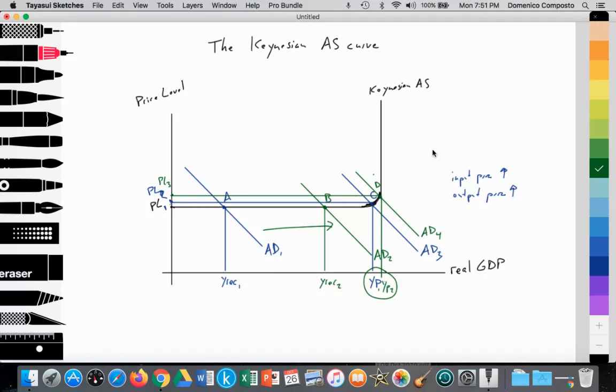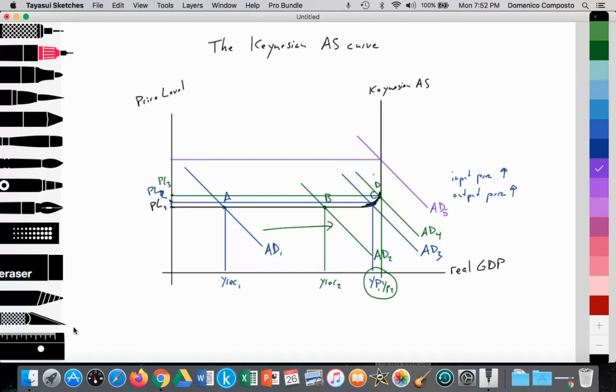Now we get into section 3. Section 3, aggregate demand continues to increase to AD5. And we notice that we don't really get much of an increase in output, but we do get a significant increase in the price level. So prices are beginning to rise to PL4.